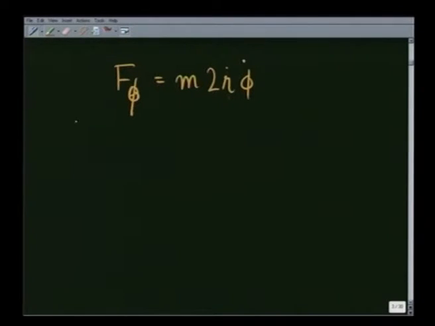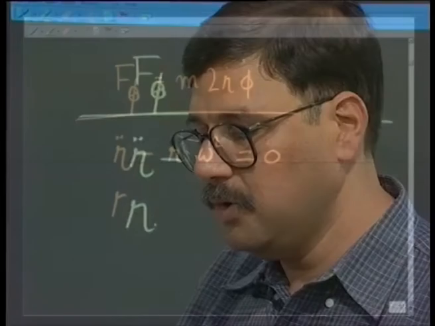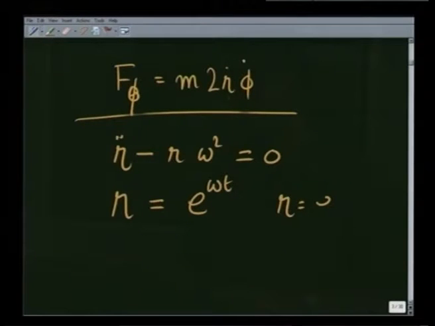To start solving the equation, let me go back to the earlier equation, r double dot minus r omega square is equal to 0. You can see by inspection that this has two solutions, r is equal to e raised to omega t, or r is equal to e raised to minus omega t.